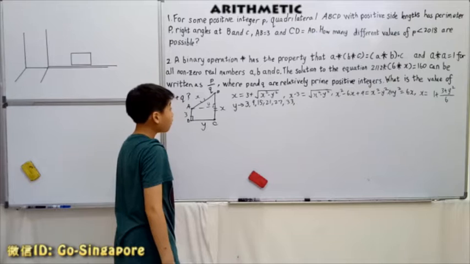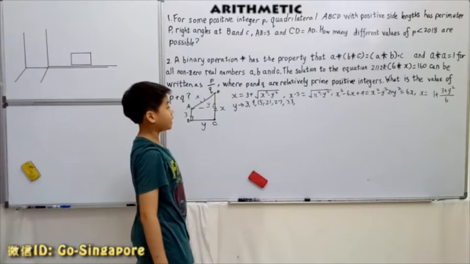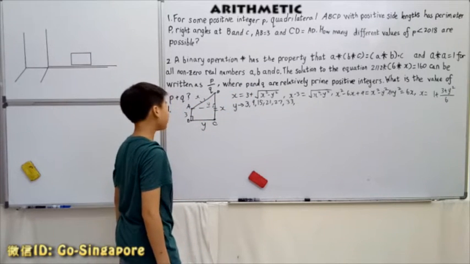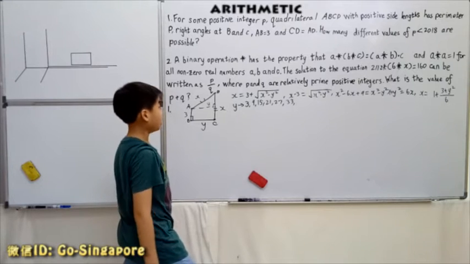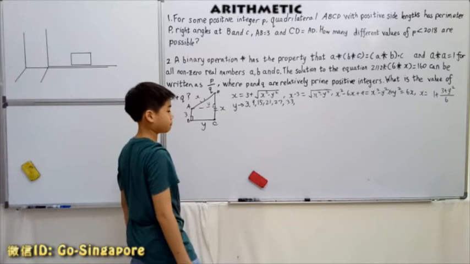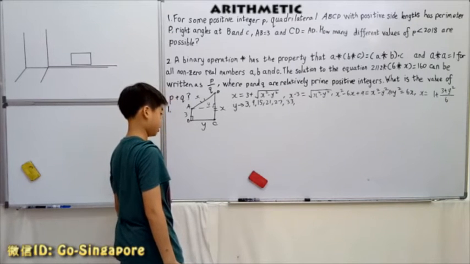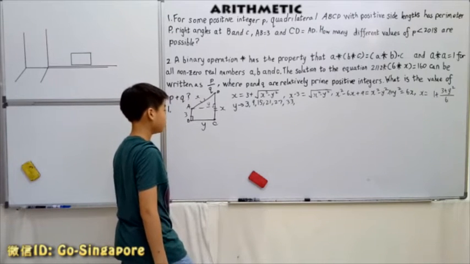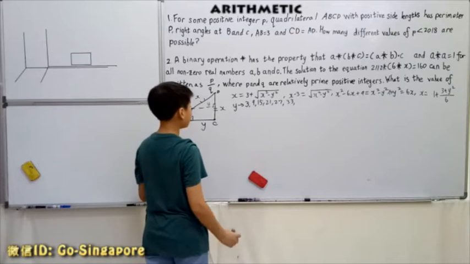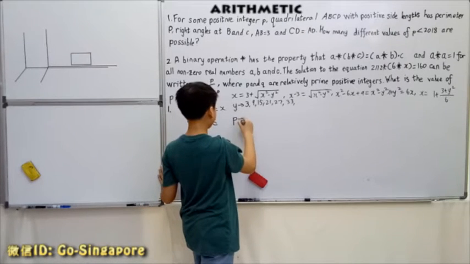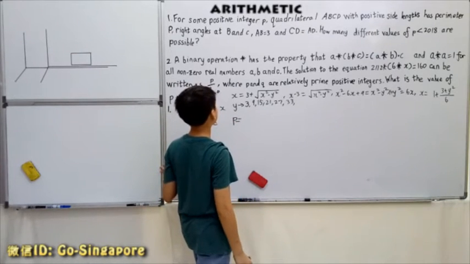But because there is a biggest value that P can be, we always have this kind of limitation. So now the problem is how to find that limitation. Let's work it out. We need to look at our perimeter.